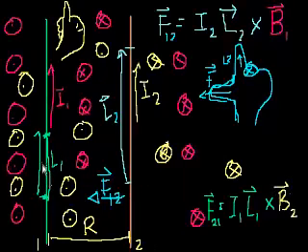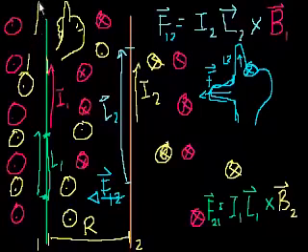Put our index finger in the direction of L1. That's what you do with the first element of the cross product. And then you put your middle finger in the direction of B2, and then your thumb is going to tell you what the net force is going to be. So let me draw my hand. Just so you know, before I draw any of these, I actually look at my hand to make sure I'm drawing the right thing. So my index finger is in the direction of L1, which is the same as I1.